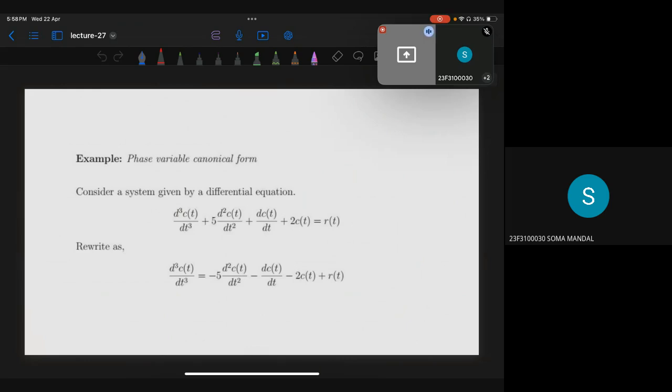So what is the order here? 3. Yes, sir. So it means your x will be x1, x2, x3. What is your expectation here? You want to convert this one to something like this. So what is the A matrix?